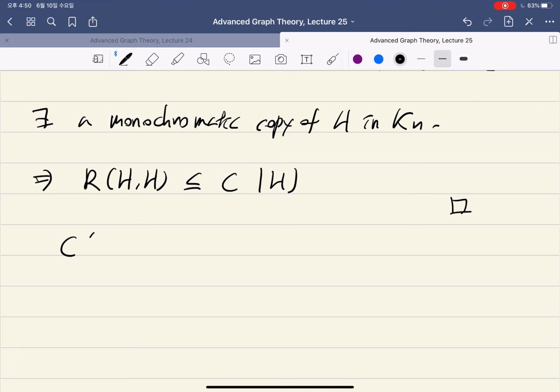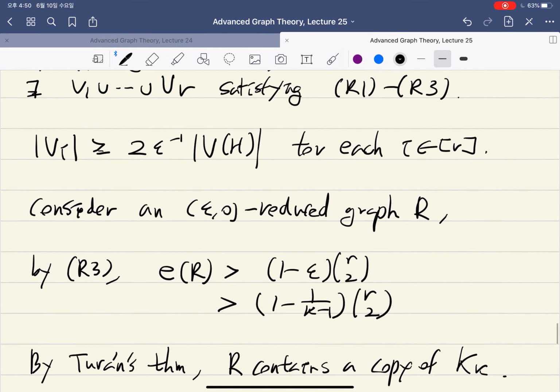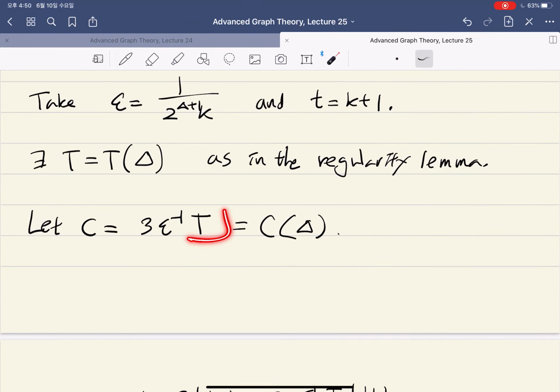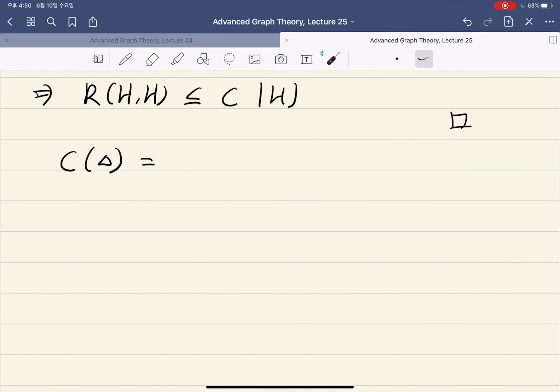But how large is this C delta? Because we use the regularity lemma, and then we actually multiply by this T, which comes from the regularity lemma, this is actually very large. So this is a tower of some polynomial in delta.